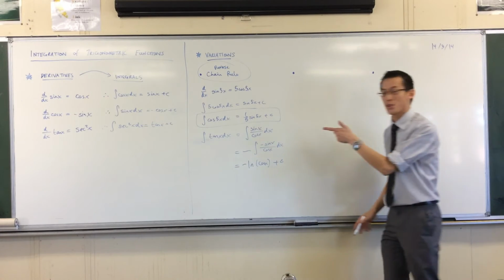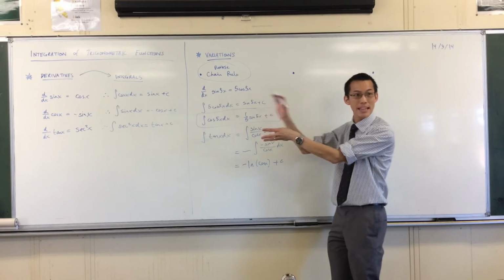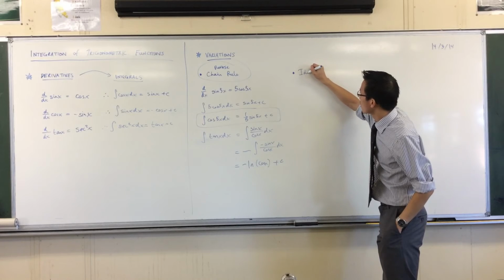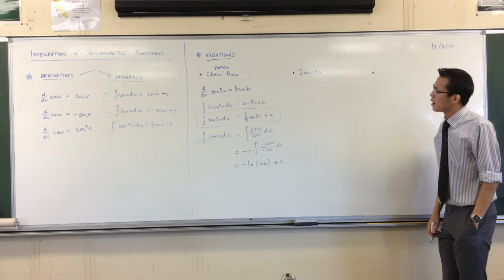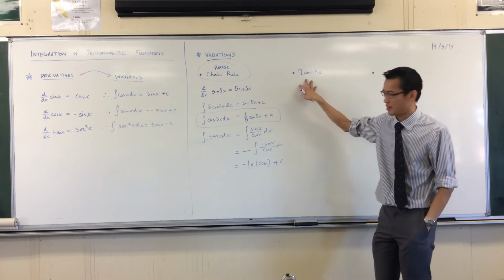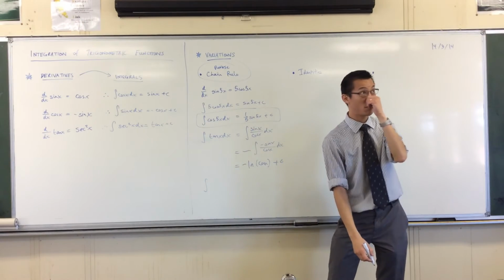Now, being this is trig, and you've spent a big part of your life thinking about how to manipulate different trig functions together, the next kind of variation is ones that require identities, okay? Oh, wait, let me do one more before I get to that. We will get to this in a second, but let me just give you one more reverse chain rule. Suppose I gave you this.